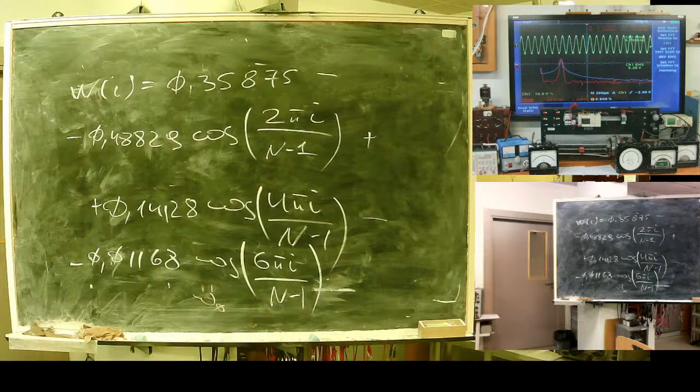So, what's the conclusion? The discrete time Fourier transform allows us to obtain orthogonal components. So it's a bridge between sampled measurements of voltage and currents and electrotechnics theory.